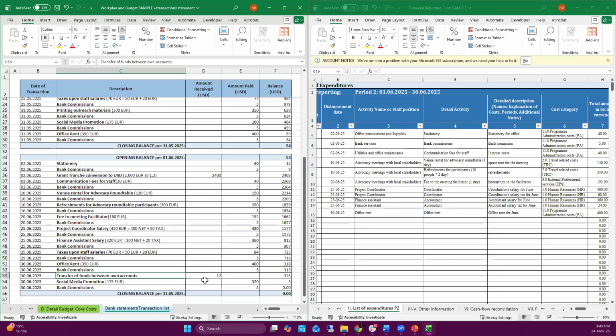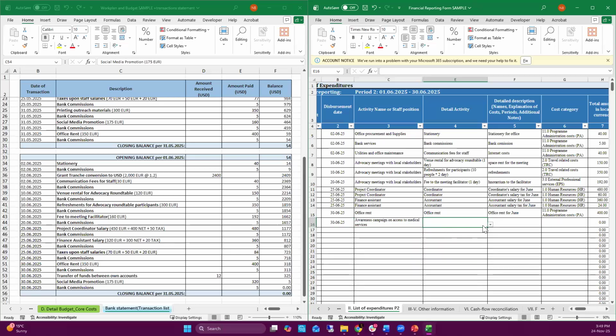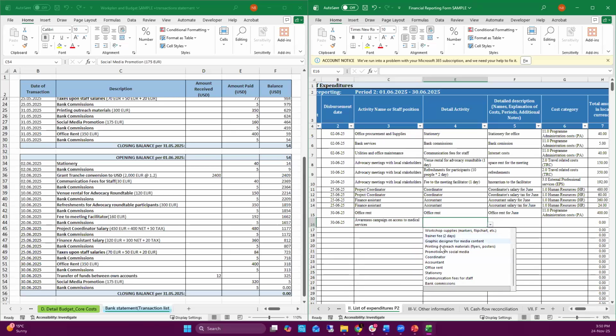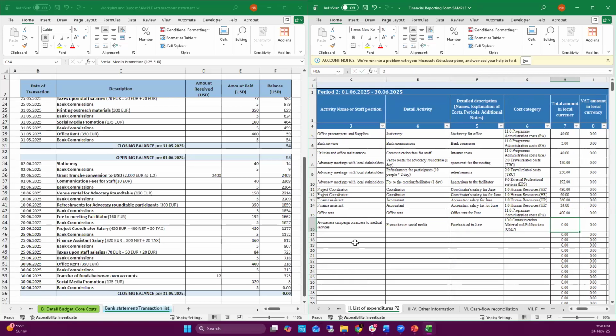Anyway, you borrowed this 20 USD and you have paid the advertisement on Facebook. In scope of this awareness campaign activity, the promotion on social media will be Facebook ad in June. You paid 120.